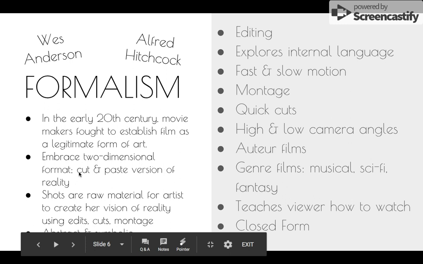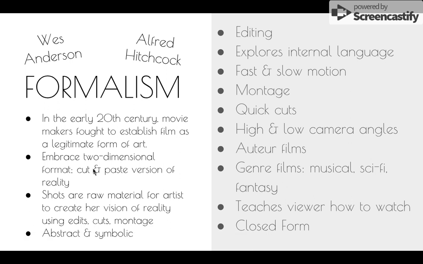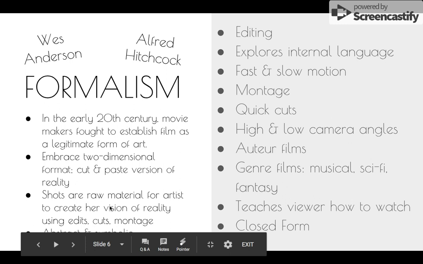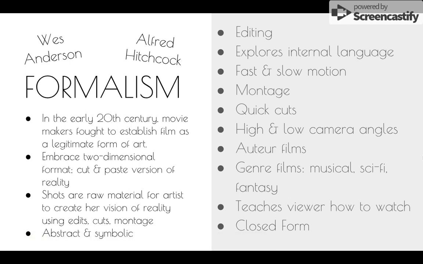You can see an embrace of the two-dimensional format, a cut and paste version of reality, a lot of editing. The shots are just raw material for the artist to create a vision of reality using edits, cuts, and montage, a lot of abstraction and symbolic use of the props and the mise-en-scène.